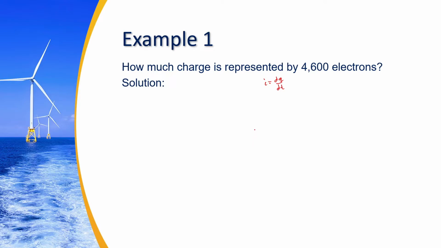Tama? Pero alamin muna natin kung ilang charge meron sa isang electron. Each electron has negative 1.602 times 10 raised to negative 19 coulomb.